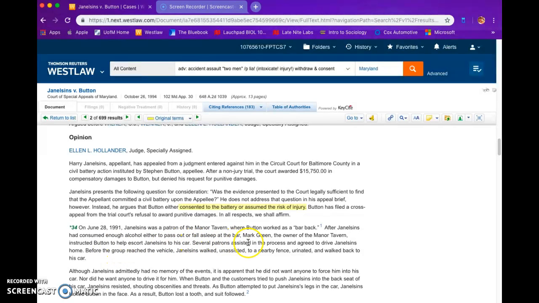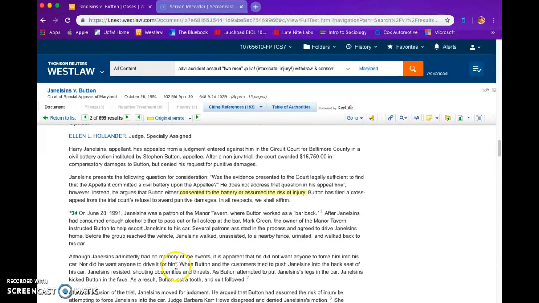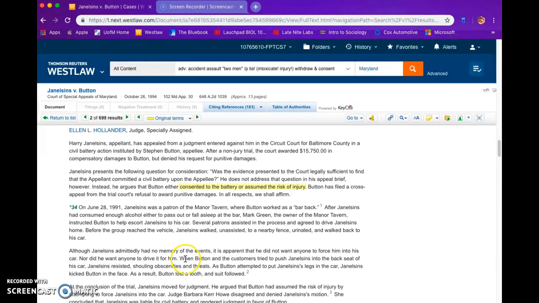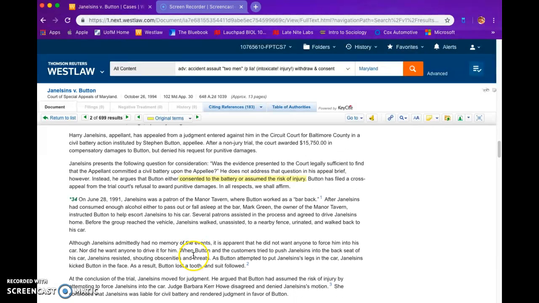Several other patrons assisted and agreed to drive Janelson home. Before the group reached the vehicle, Janelson walked unassisted to a nearby fence, urinated, and walked back to his car. Although Janelson admittedly had no memory of the events, it is apparent that he did not want anyone to force him into his car, nor did he want anyone to drive it for him.